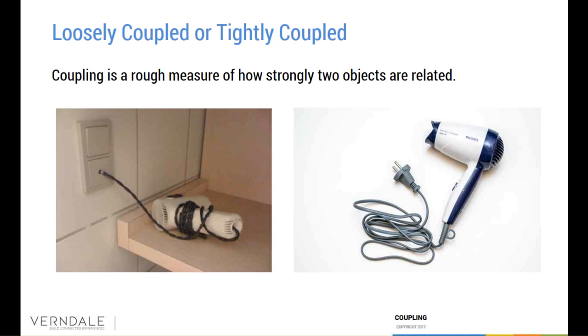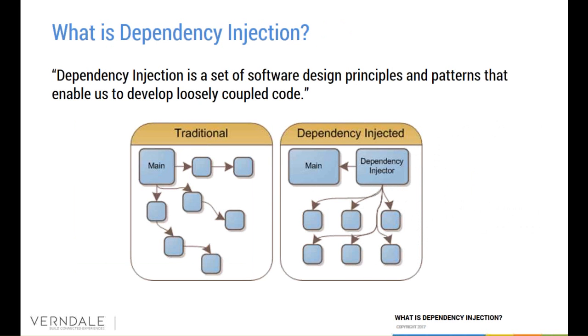It is nothing but a set of design principles using which we try to achieve loosely coupled code. That's, in a nutshell, the only thing here. If you observe the diagram, in the traditional approach, suppose you consider a console application, main means the main root.